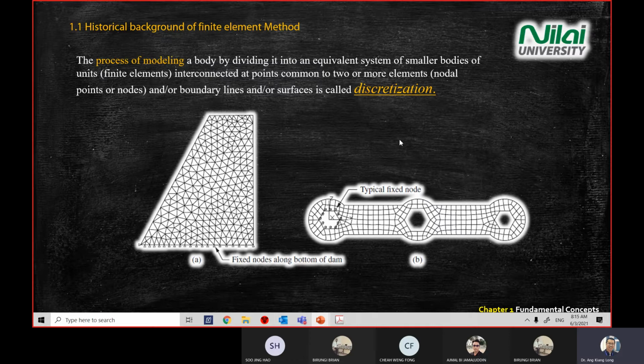If you are using SolidWorks to simulate the flow or the stress on the structure, then you will go through the meshing process. The meshing process actually is a discretization process. Okay, clear?